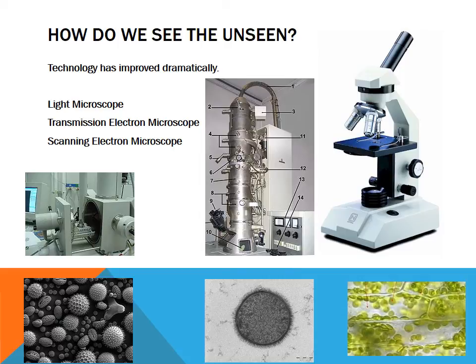That's what's happening with this scanning image. It scans along the outside of the cell. That gives you a really good idea of what's going on the outside of the cell. Three-dimensional image, it looks awesome, but it's only of the outside of the cell. You can't see what's going on the inside. To know what's going on the inside, you have to use a transmission electron scope. But like I said, you guys won't ever really have to use one of those. Some of them are 15 feet tall. Pretty tricky.